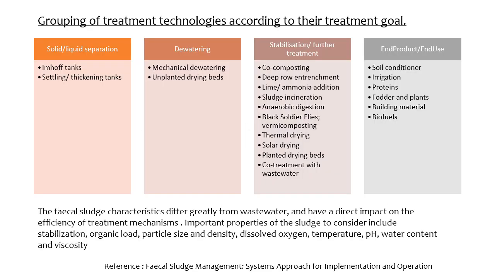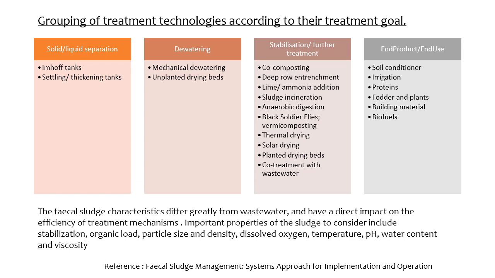The treatment of fecal sludge can broadly be separated by the type of treatment into solid-liquid separation, dewatering, and stabilization/further treatment. The different treatment technologies as classified are shown in the table. The end use of treated fecal sludge can be as soil conditioner, in irrigation, as proteins, building material, biofuels, fodder, and plants.